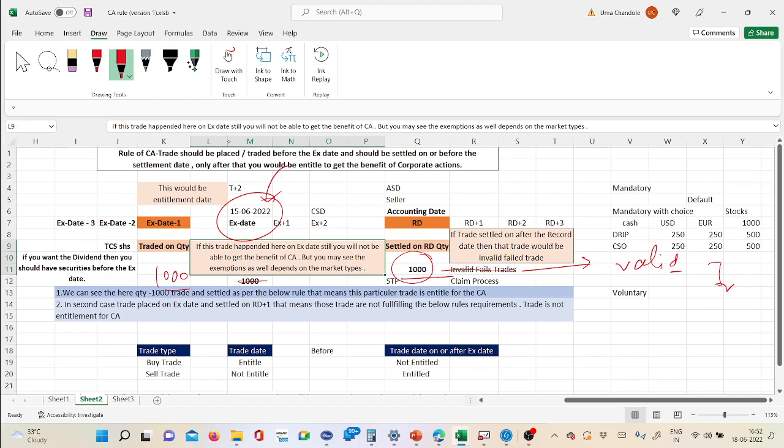If you're holding the security on the ex date, your positions are entitled, and that entitlement we call accrued. That's where your accounting entry comes into the picture: accrued dividend to dividend receivable, and then cash account debit to accrued dividend, so that you have received the accrued dividend amount once you receive the cash payment on the payment date.